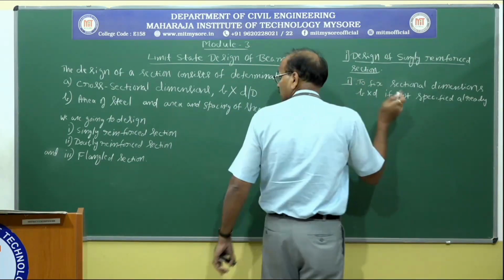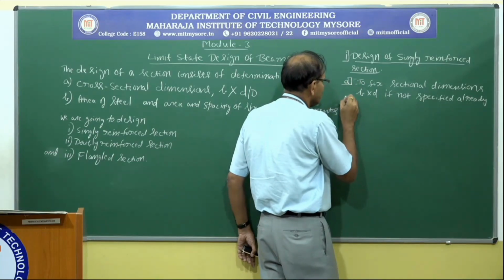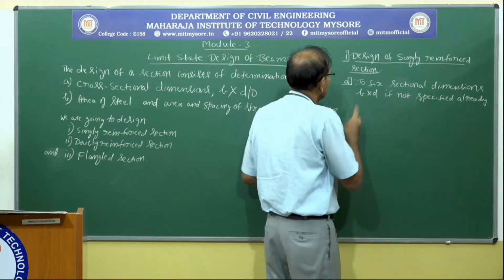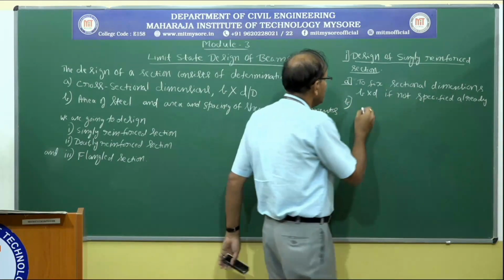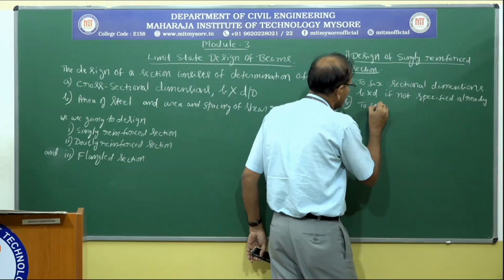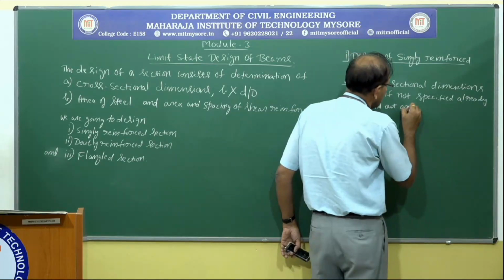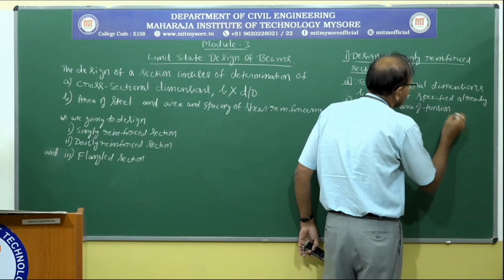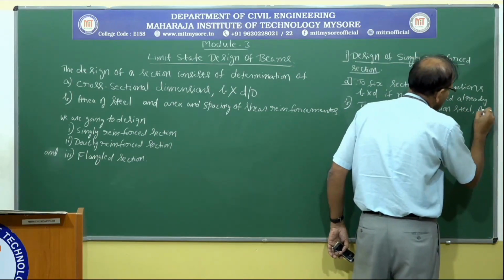Next, I will write this as A, this as B, this as B. Once that is done, then to find out the area of tension steel, Ast.